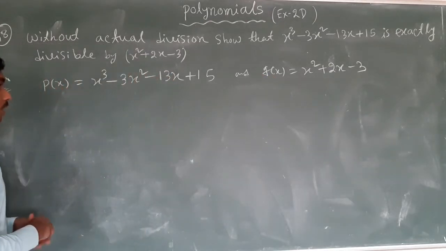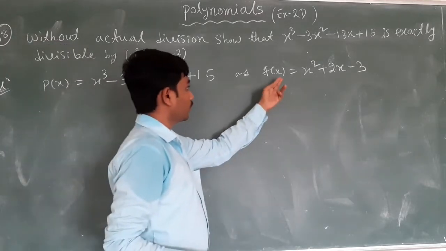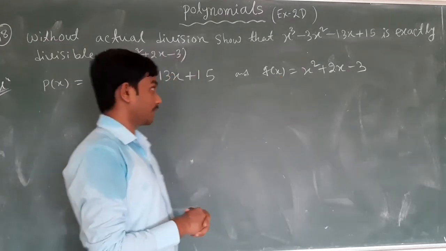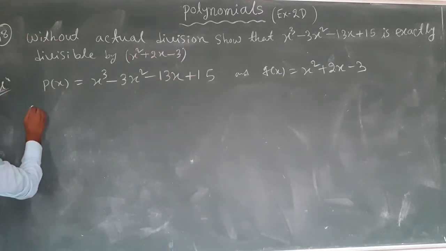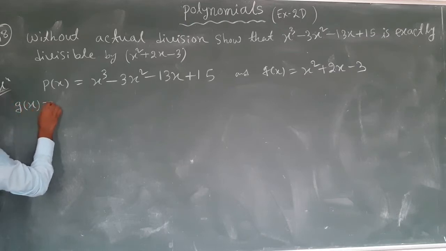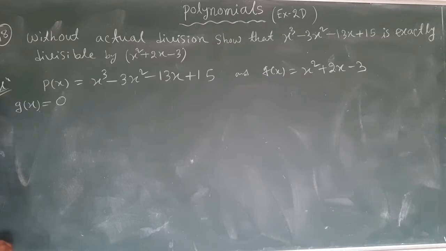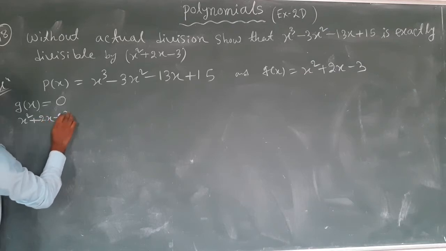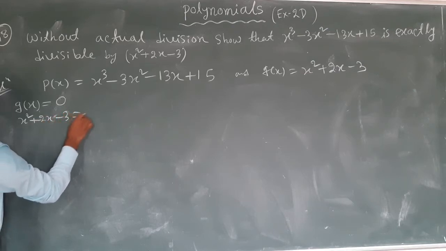So now we find the zero of the polynomial g(x). To find the zero of the polynomial g(x), we solve the equation g(x) is equal to 0. That is, x square plus 2x minus 3 is equal to 0.